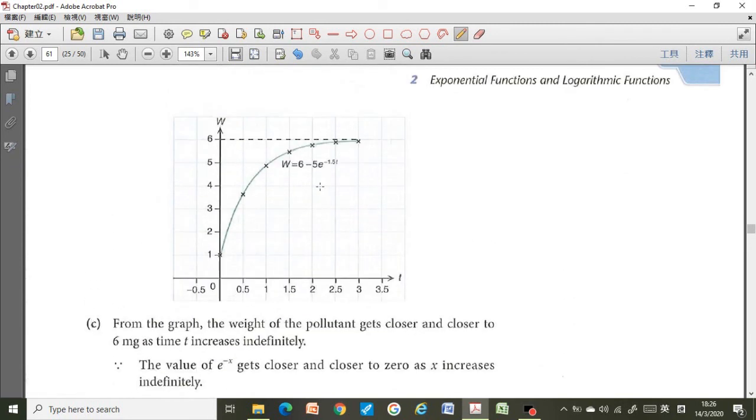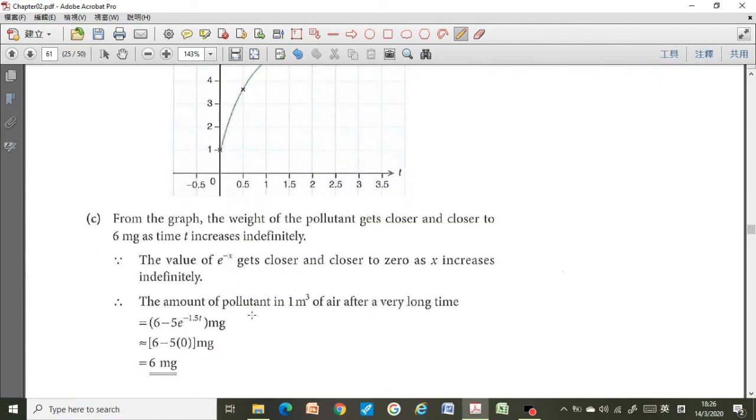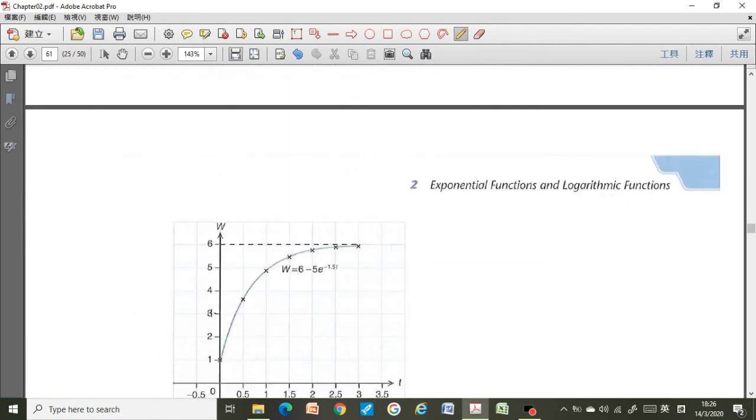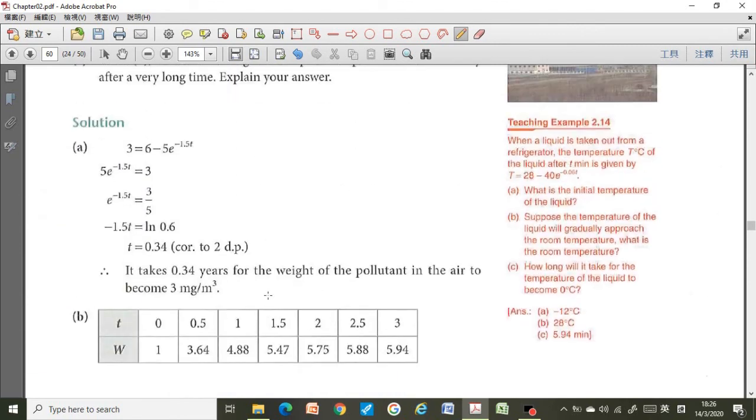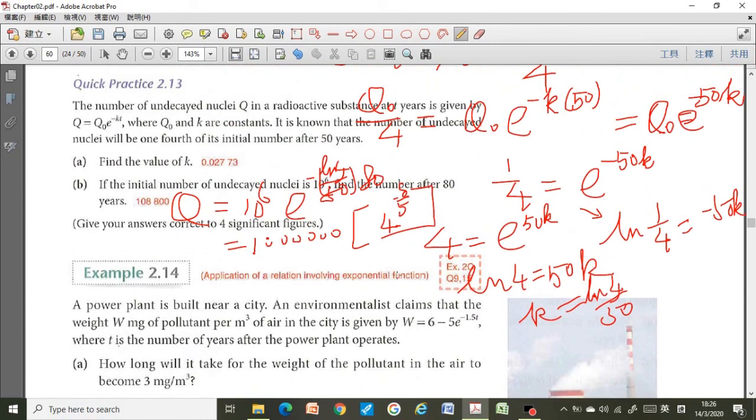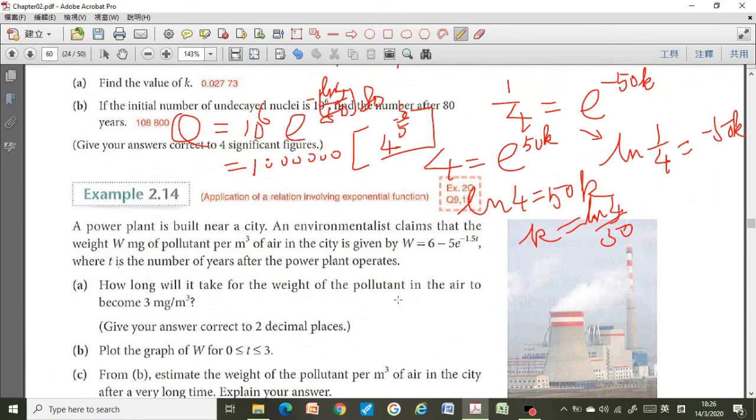This one we'll discuss later, in the next chapter about limits, and we will discuss this kind of thing called a limiting case. How to sketch this graph? You will follow like this. Your original graph will be like this, so you first plot 5 e to the power negative 1.5t.